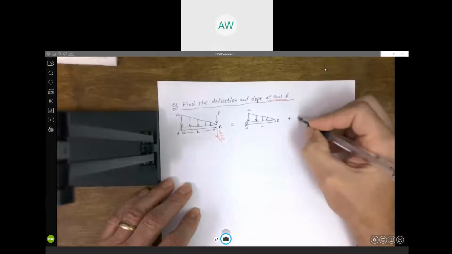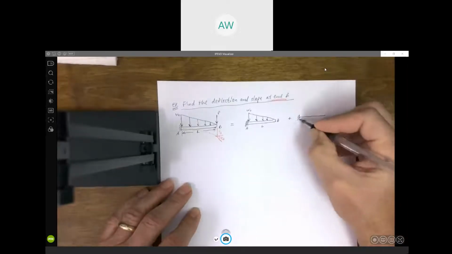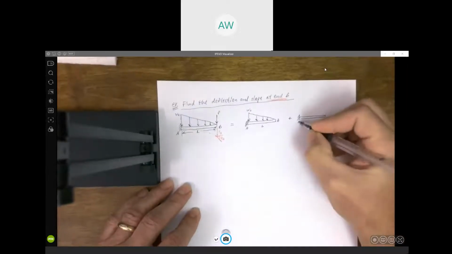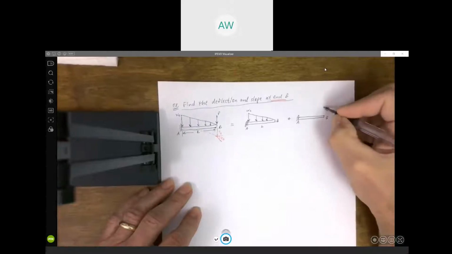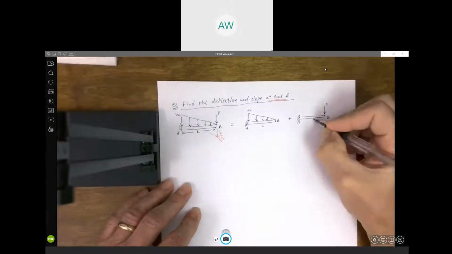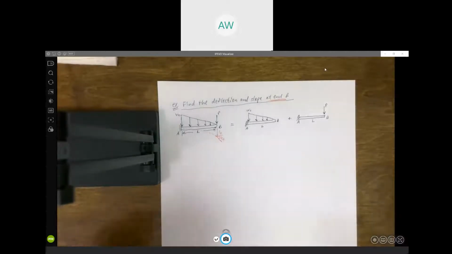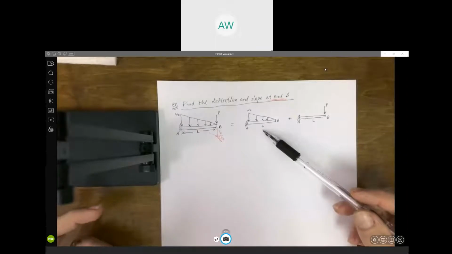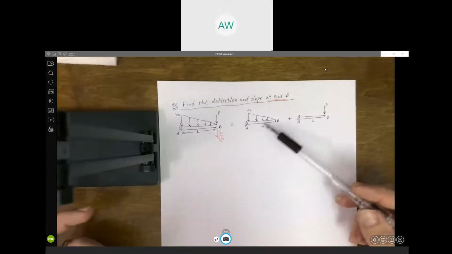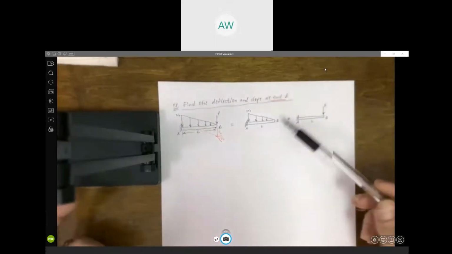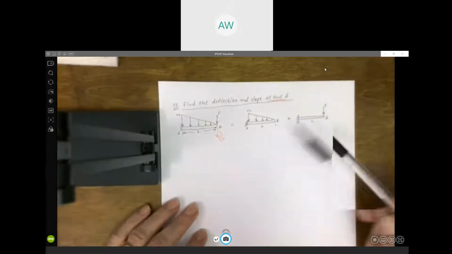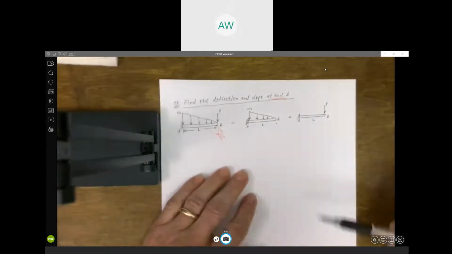And then we've got a fixed support again at A. So we've got this cantilever beam with just a concentrated force out at the end of the beam. Now here's where we're going to go to our table and get the formulas for the deflection and the slope at this end B for those two individual loadings, and then we just add them together.